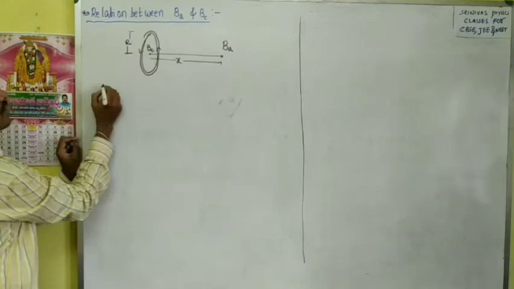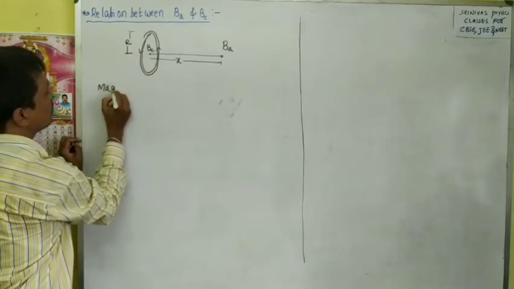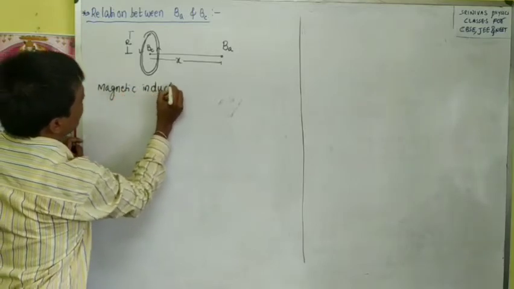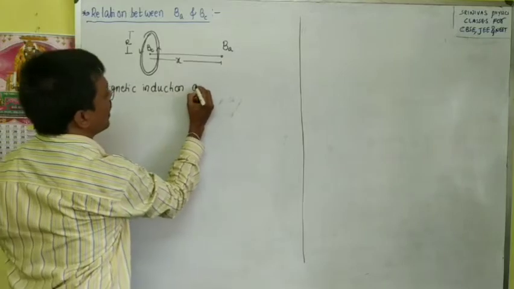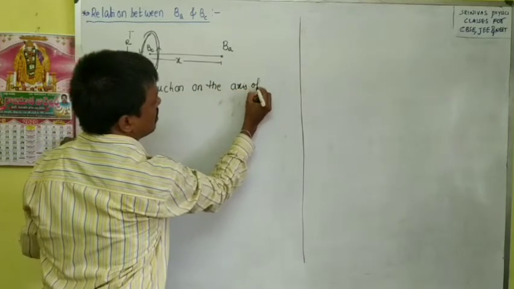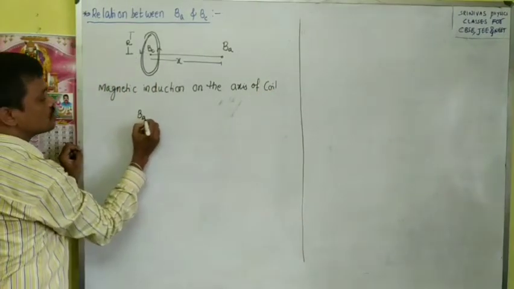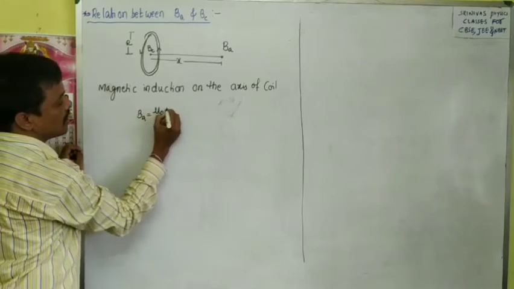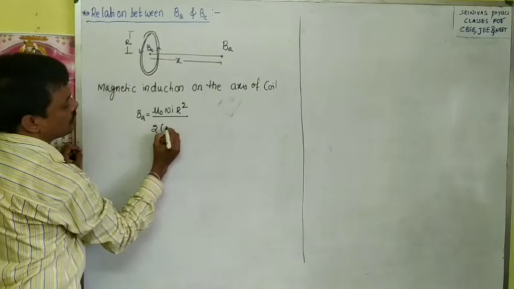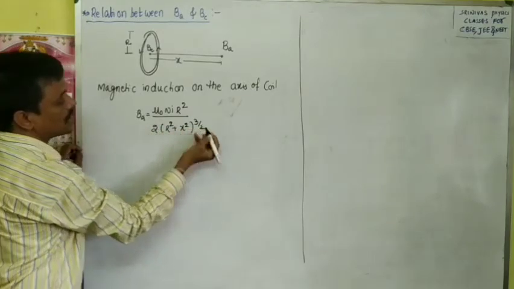What is the formula for BA? The magnetic induction on the axis of the coil is mu naught N I r square by 2 of r square plus x square, whole power 3 by 2.